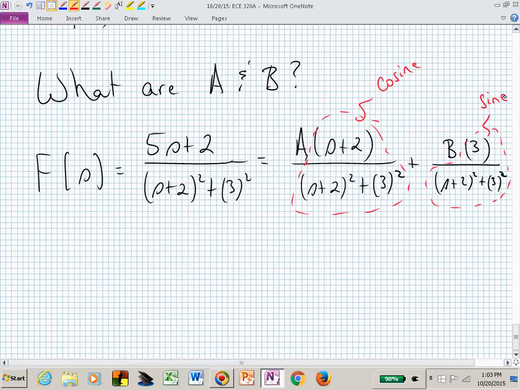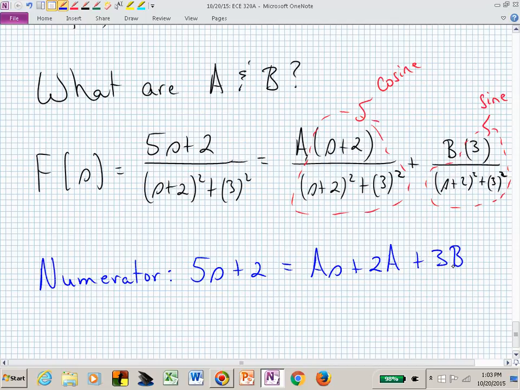And we're just saying we want to find what fraction of each of those we have. And we can find that by just equating the numerator on the left with the numerator on the right. On the left, we have 5s plus 2. On the right, we have As plus 2A plus 3B.